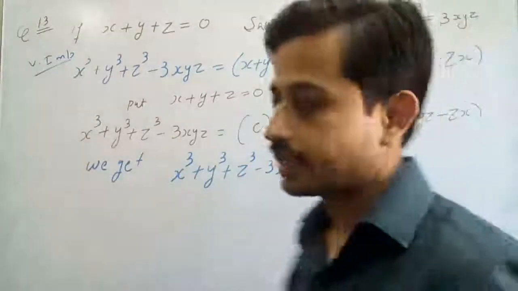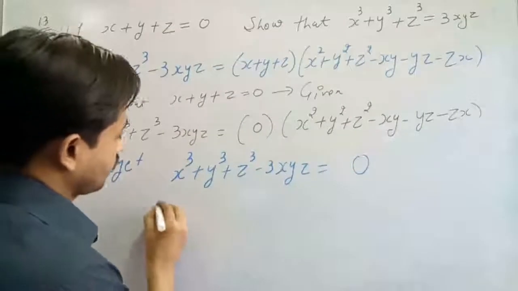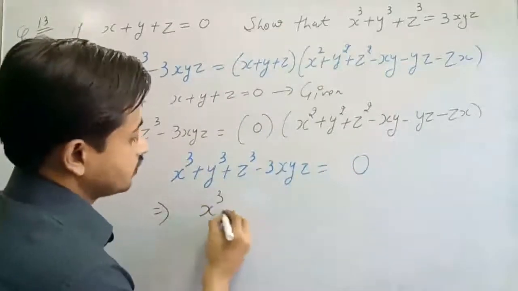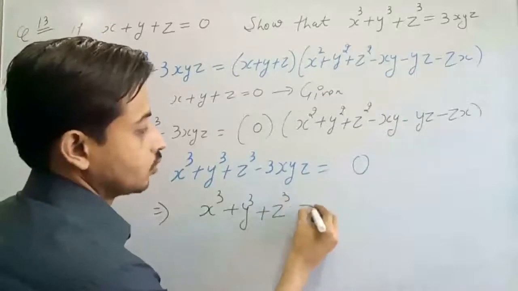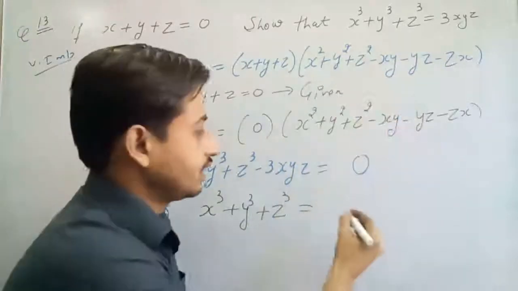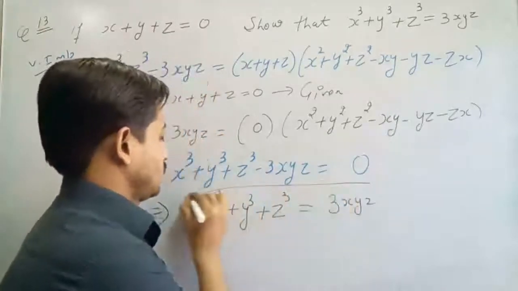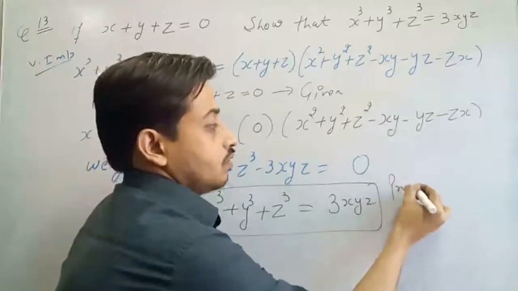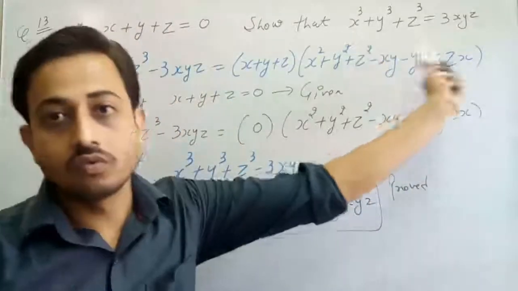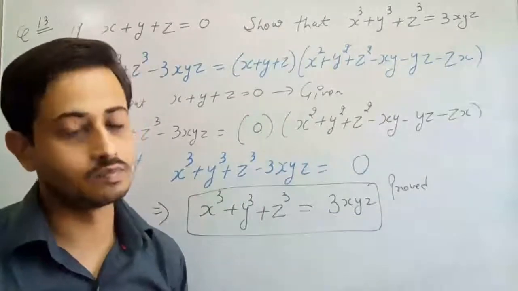Now take this negative 3xyz to the right hand side. x cube plus y cube plus z cube, if we take it on the right hand side, it becomes positive 3xyz. So we have to prove this. So we did prove. This becomes very simple.